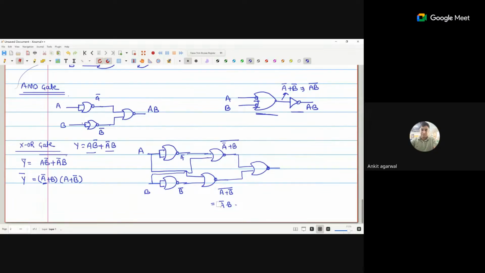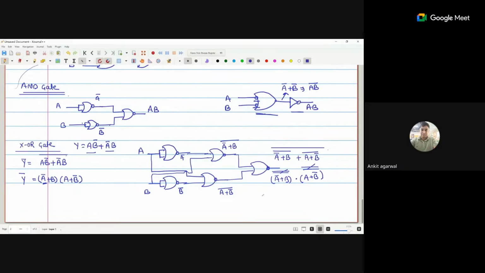Okay, we are not performing. So we are getting A bar plus B whole bar plus A plus B bar whole bar, and not this one. So if I apply De Morgan's theorem, that is A bar plus B double whole bar plus A plus B bar double whole bar.